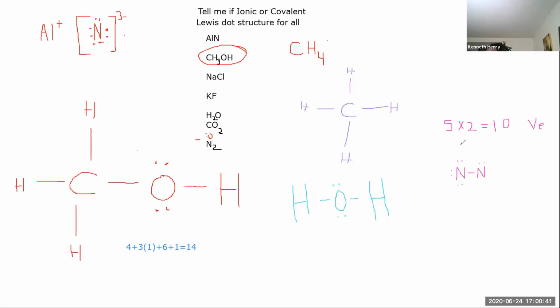So what we can do, we can take this nitrogen. We can take these lone pairs and share them between the 2 nitrogens. If I do that, a triple bond, right? Well, this will be a double bond. Let's start looking at that first and see if it works out, because we're going to pair them.